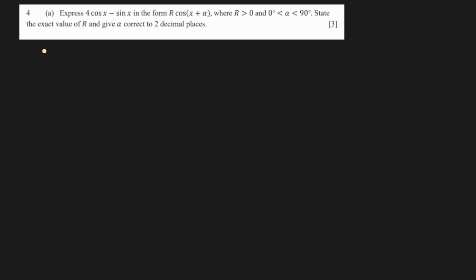So let me write that one first. 4 cos x minus sin x. Let me open this one. R remains R outside. Cos(a + b), look at your formula sheet, is cos a cos b minus sin a sin b.